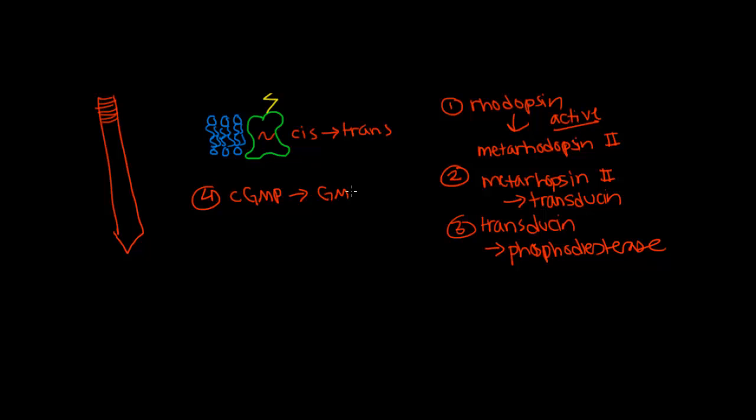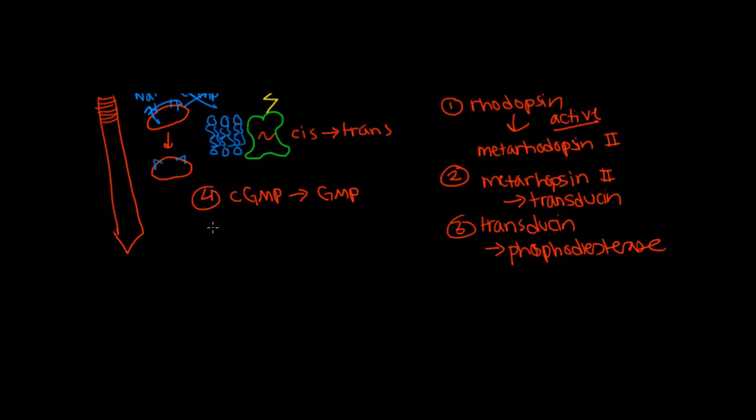Now, if you remember, during the resting phase, we have our discs, and then they have those sodium-gated channels. You have all that cyclic GMP flowing, which allows the sodium to move into the cell. So once there's no cyclic GMP, these channels are going to close. And once they close, then sodium is not going to be rushing in at all.